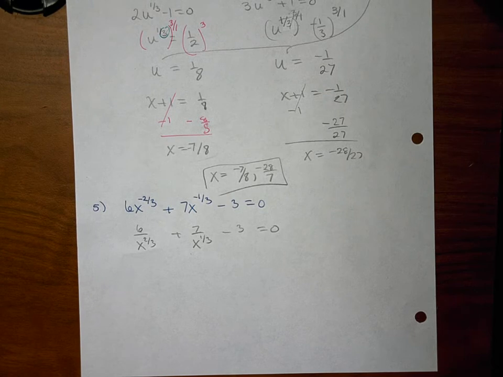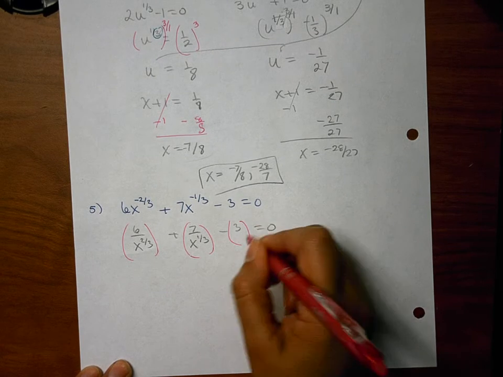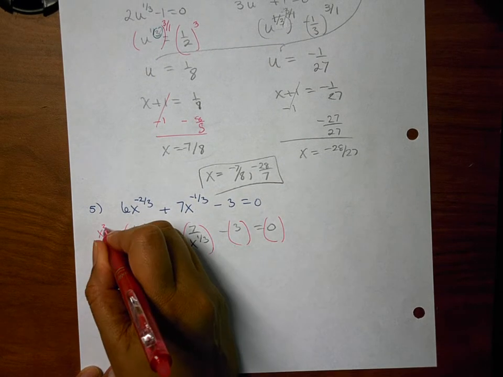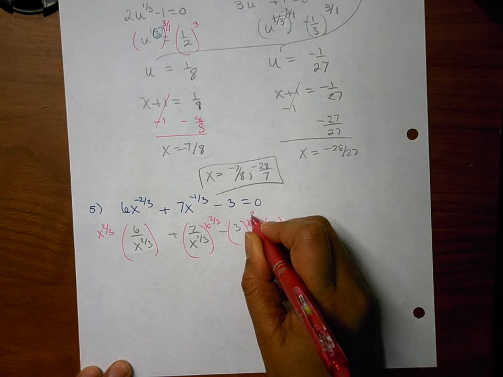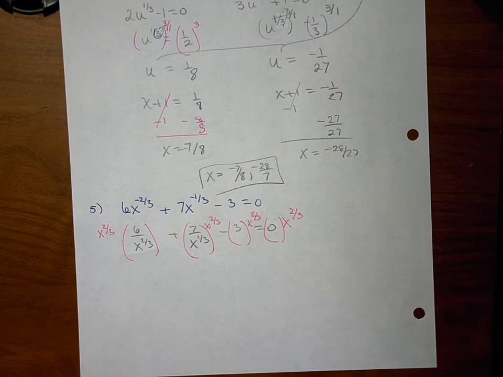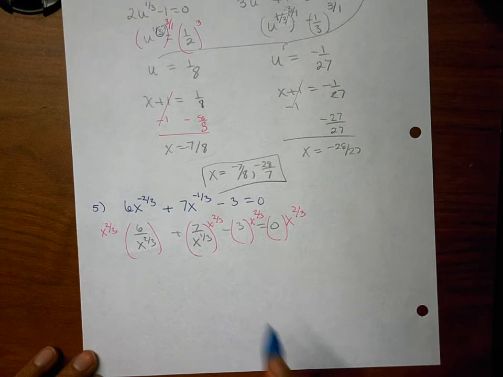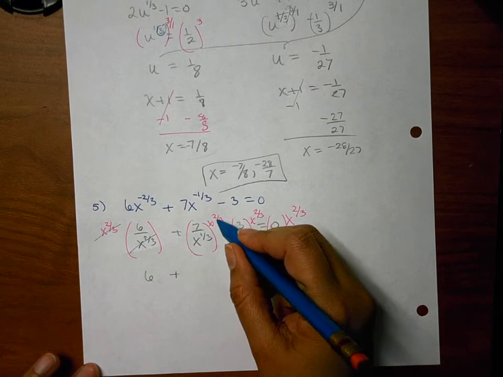Fractional equation, we clear it by multiplying everything by the common denominator. Now, it may look a little tricky here, but x to the 2/3 is your common denominator. And it is always going to be your largest exponent or larger.